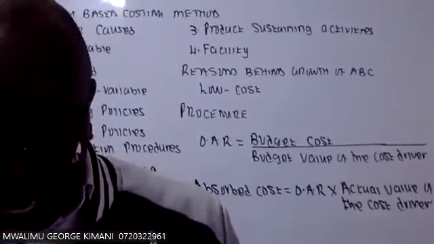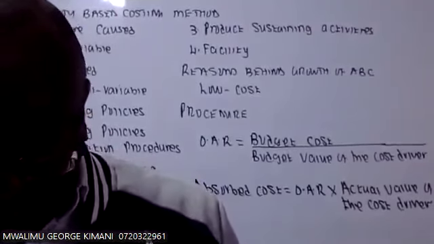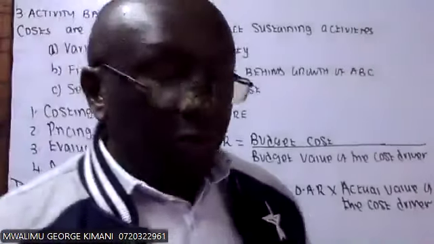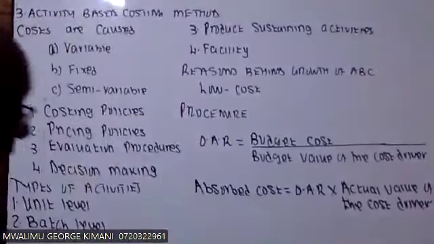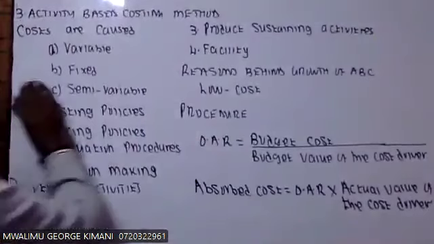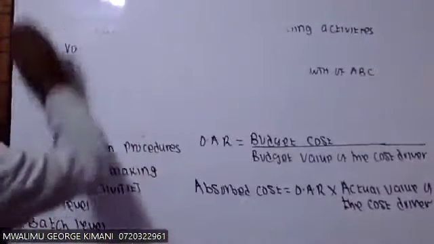So basically that is the set of steps that are followed when you want to do ABC. So that is exactly now what I want us to do.